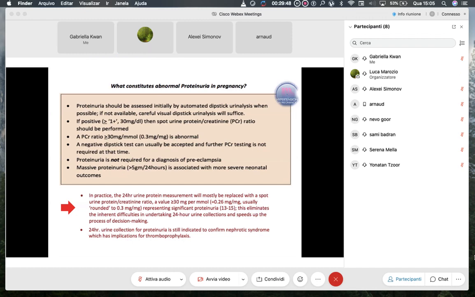Till a few years ago, 3 or 4 years ago, significant proteinuria was when proteinuria was equal or greater than 300 milligrams in 24 hours.